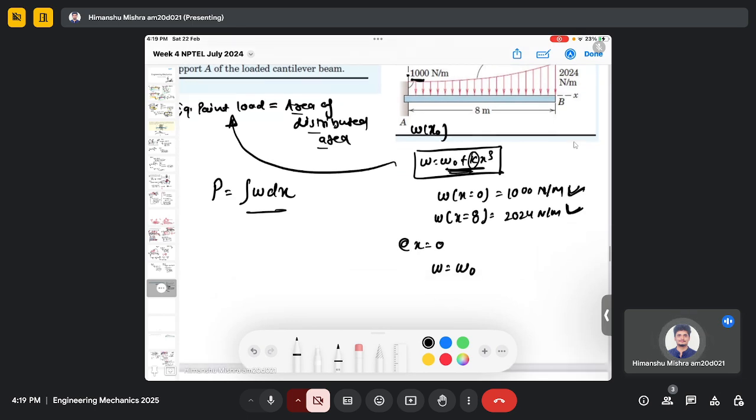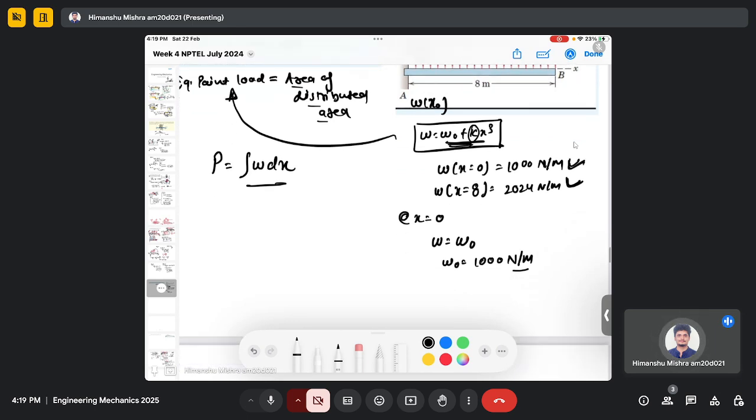What is W at x equals 0? It is 1000. So my W naught will be 1000 Newton per meter. And if I use the other condition, at x equals 8 meter, my W is 2024, and we already found W naught, which is 1000. So it is 1000 plus K times 8 cube.